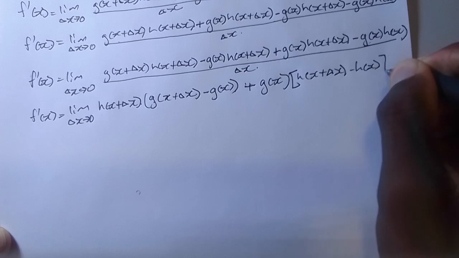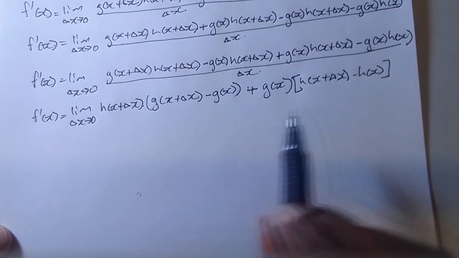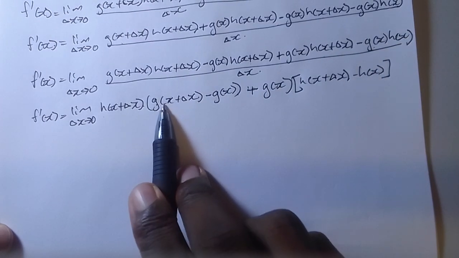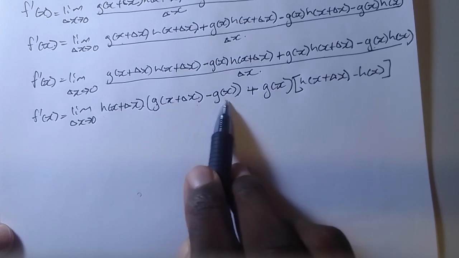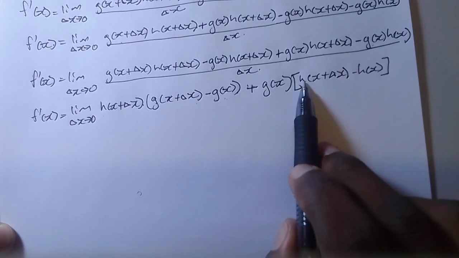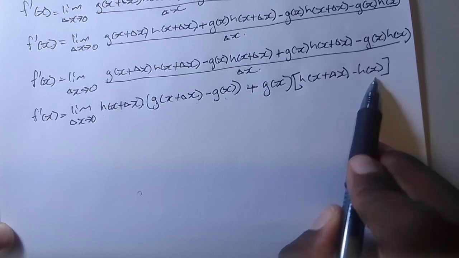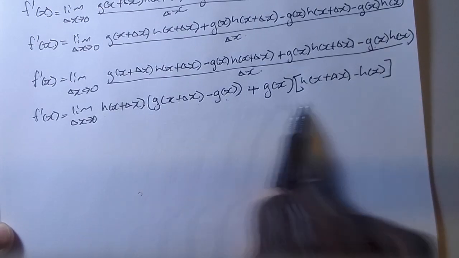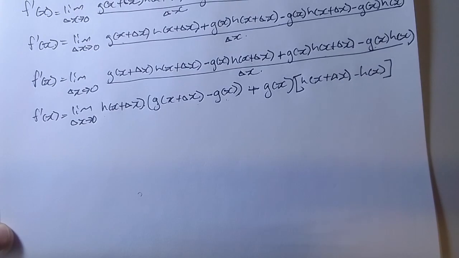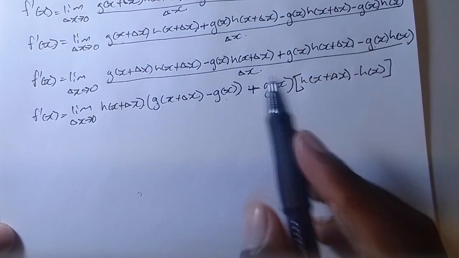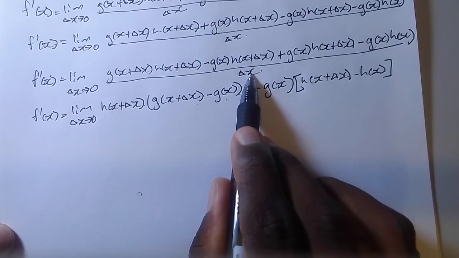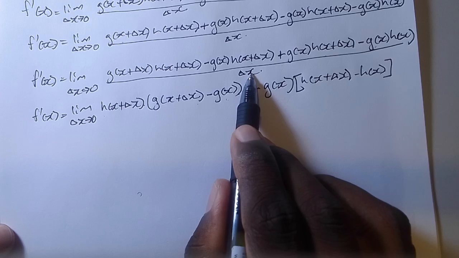There's something that begins to reveal itself as we get to here. We have g of x plus delta x minus g of x. This side we have h of x plus delta x minus h of x. And on the denominator we have delta x. Since we have a plus here, I want us to distribute the delta x, just like how we distribute the denominator normally.